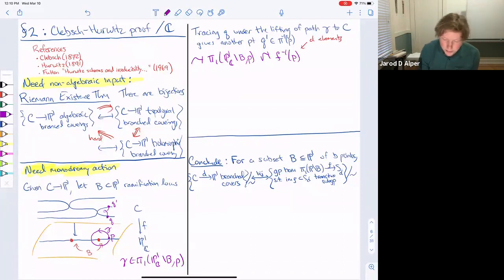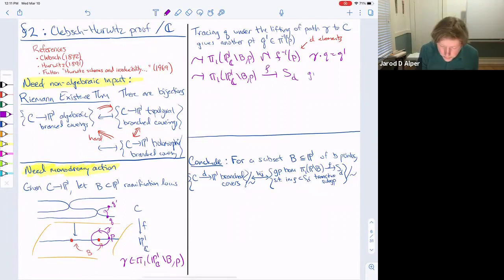The action explicitly is just gamma times Q is Q prime. Another way to say this is that we have a group homomorphism, because every group element just permutes the fiber: a map to the symmetric group on the fiber, S_D, called rho.